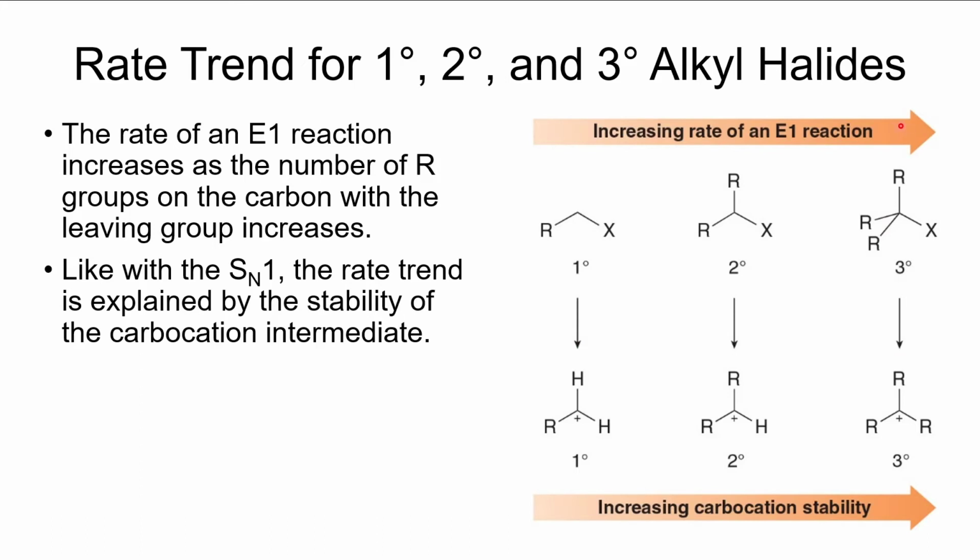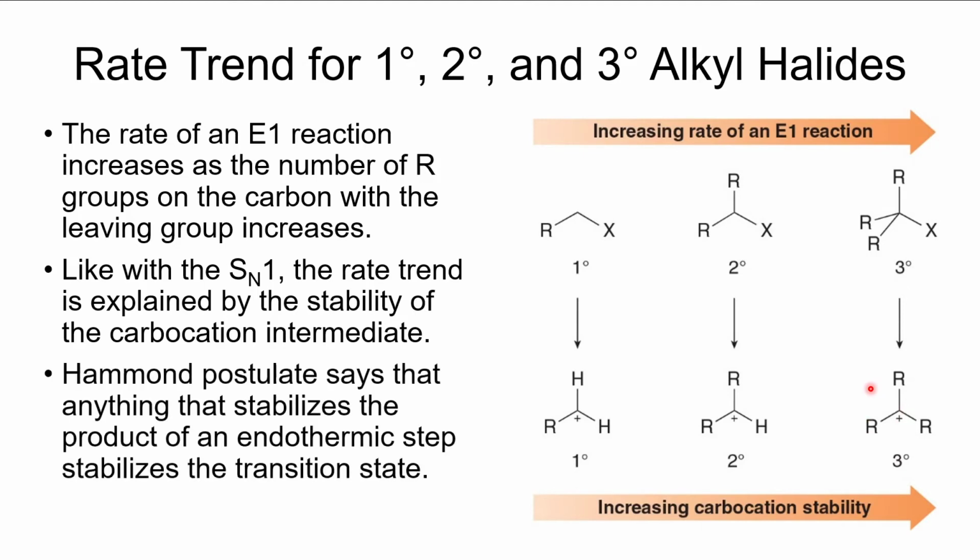So we'll find that the more substituted alkyl halides will give a tertiary carbocation, which lowers the energy of the transition state, which makes the reaction go faster. So again, since that is an endothermic step, our Hammond postulate says that anything that stabilizes this carbocation, in other words, more substituents, will also stabilize the transition state and speed up the reaction.